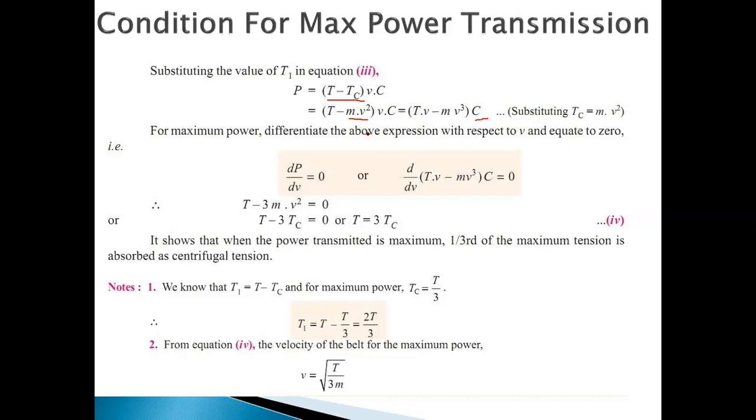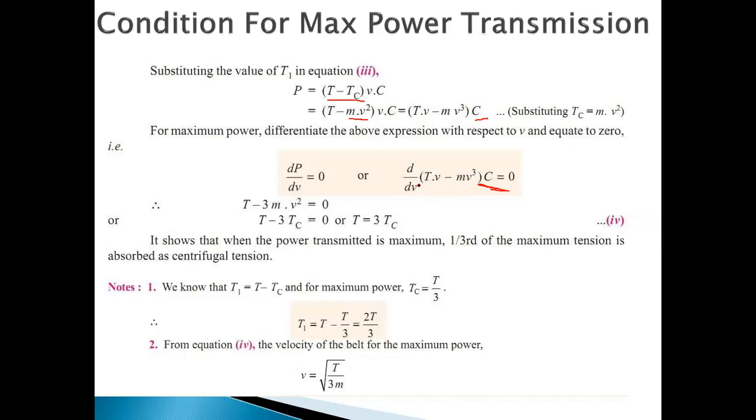To find the condition for maximum power transmission, we differentiate the above equation with respect to V and equate it to 0, so we get the condition when the maximum power can be transmitted. So dP by dV is equal to 0, so d by dV of (T V minus m v cube) into C is equal to 0, where C is a constant.